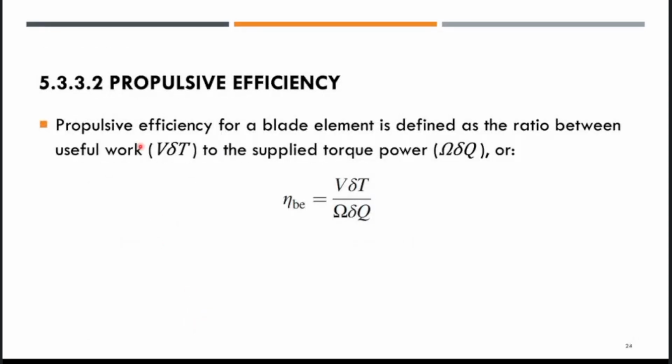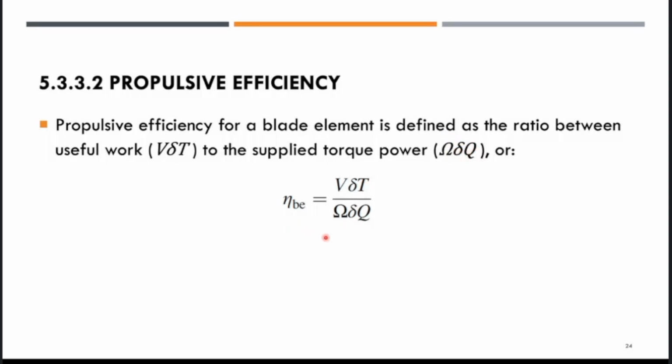Okay, the propulsive efficiency using the blade element is defined as the ratio between the useful work, the velocity times a small change in the thrust, delta T, to the supplied torque power, the rotational angular velocity times the small change in the torque.